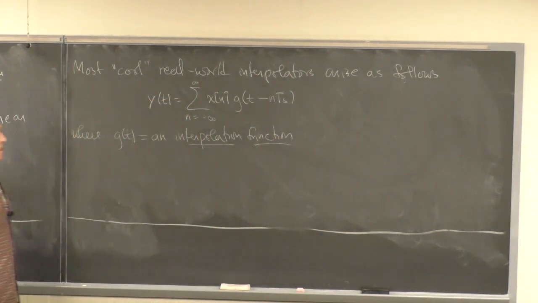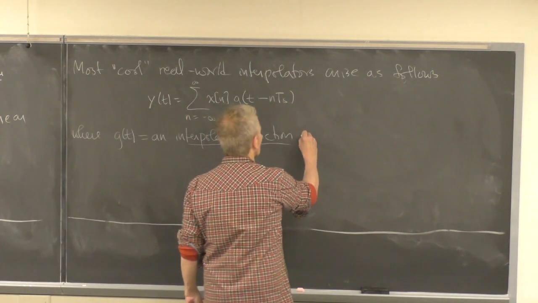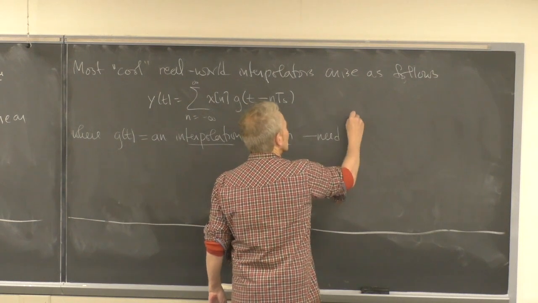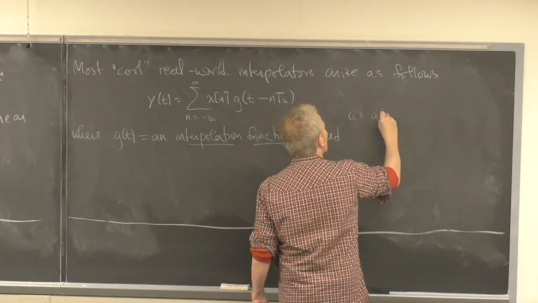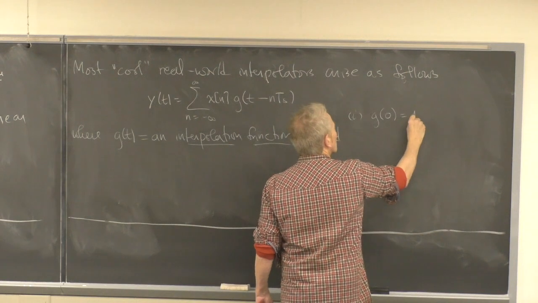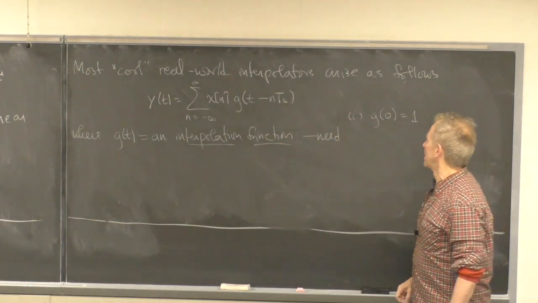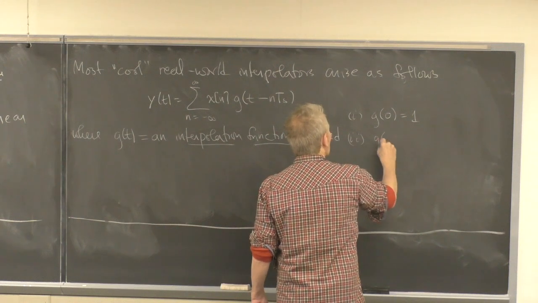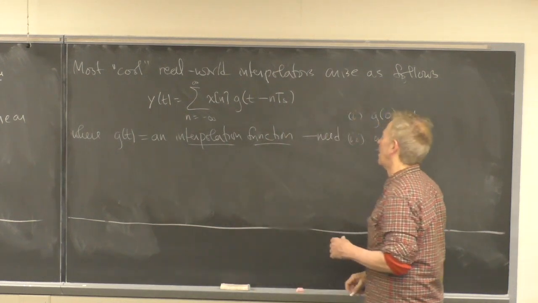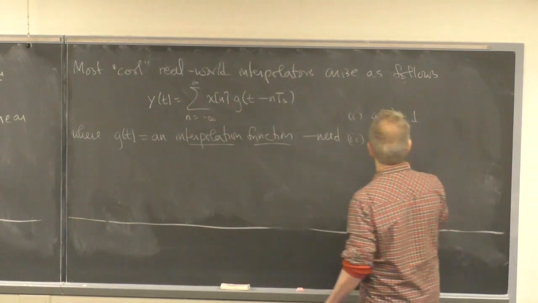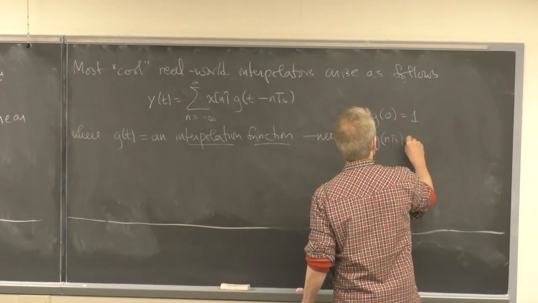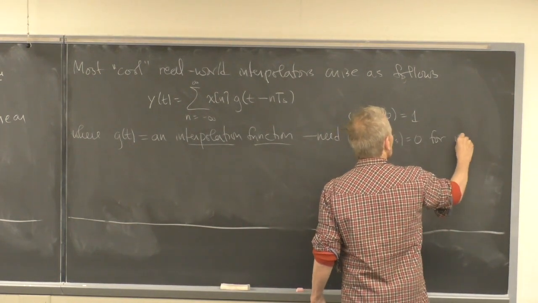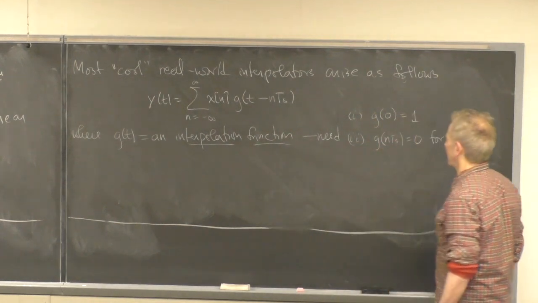What properties does an interpolation function have to have? It has to satisfy the following. First off, g of 0 equals 1. And second, g of any integer multiple of Ts other than 0 is 0.